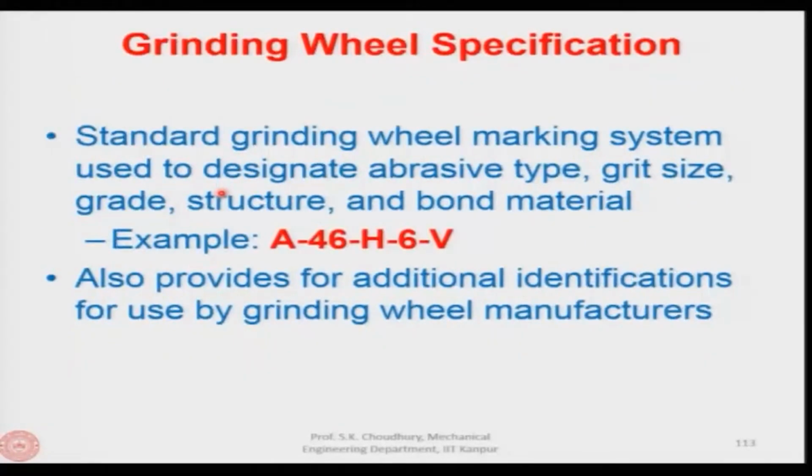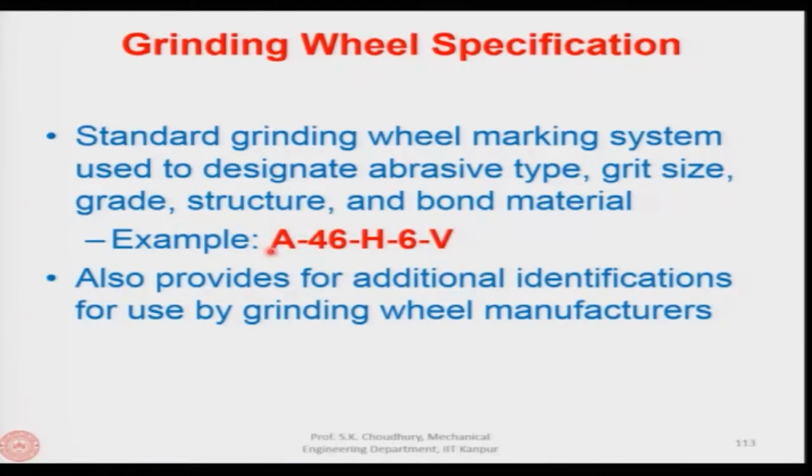So, the grinding wheel specification is a standard grinding wheel marking system used to designate abrasive type, grit size, grade, structure and bond. All right. So, here we can see that this is the abrasive type, this is the size of the abrasive grain, this is the grade, this is the structure and this is the bond.